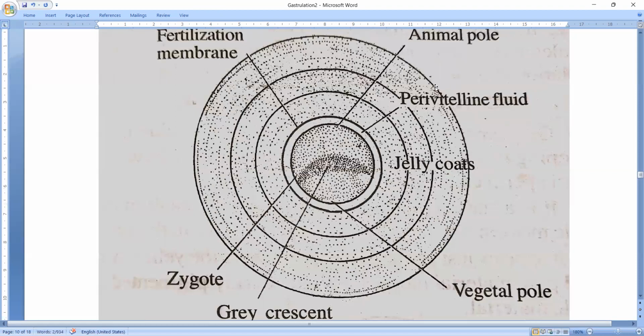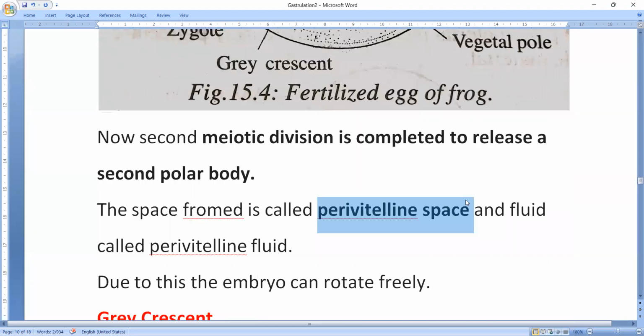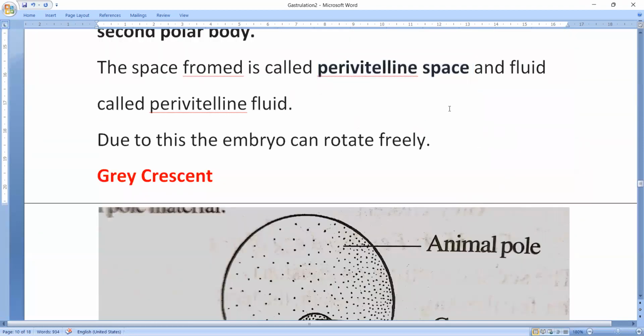That is the perivitelline space, and the fluid which is present is called perivitelline fluid. Due to this, the embryo can rotate freely due to the perivitelline space or fluid.